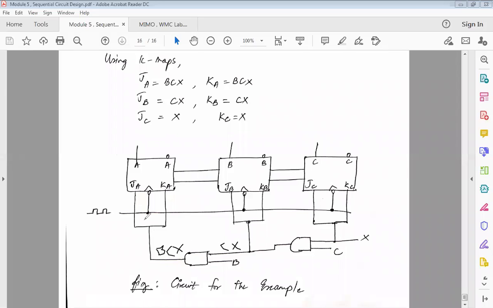So this will be the input for both JA and KA. So JA is done, KA is also done.